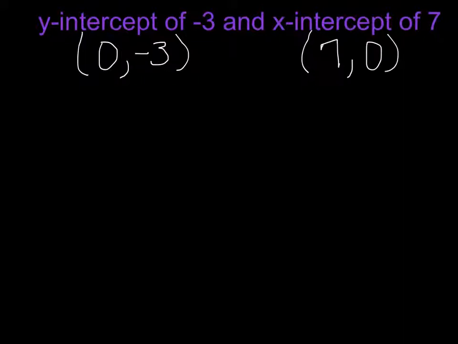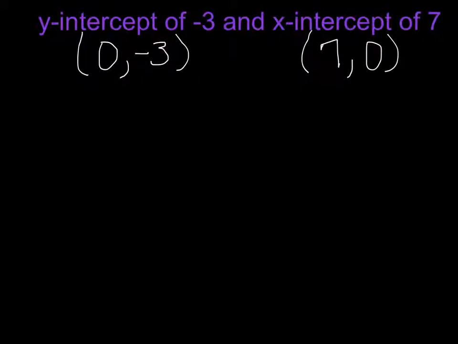Now we're given an equation that gives us a y-intercept, negative 3, and an x-intercept of 7. We need to write out what those points would be. We know that the y-intercept always has a 0 as its x value, and the negative 3 is the y value. The x-intercept is always the x value, and then your y is always 0.